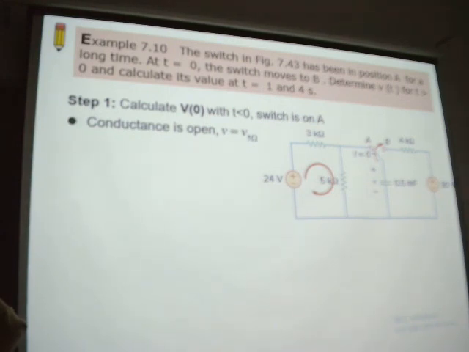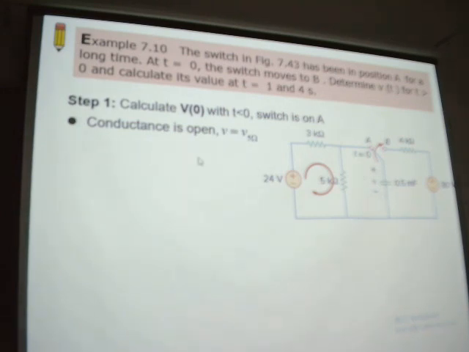We know for steady state, we mean our switch has been closed for a long time, so we say this capacitor is fully charged. Because this one is a DC source, right? If a capacitor is fully charged in a DC circuit, it will be open. Remember, it will be open for steady state.